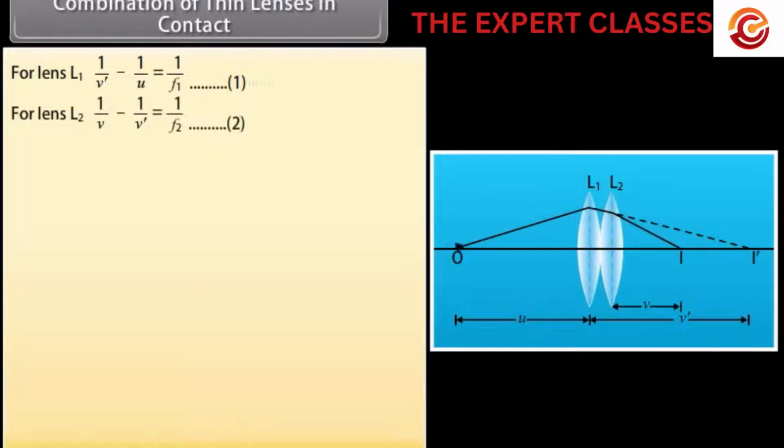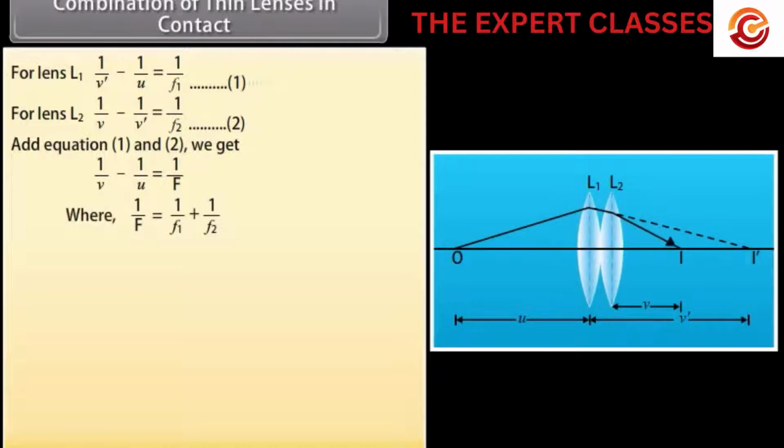For lens 2, 1/V minus 1/V' is equal to 1/F2. Name it as equation 2. Add equations 1 and 2 and we get 1/V minus 1/U is equal to 1/F, where 1/F is equal to 1/F1 plus 1/F2.